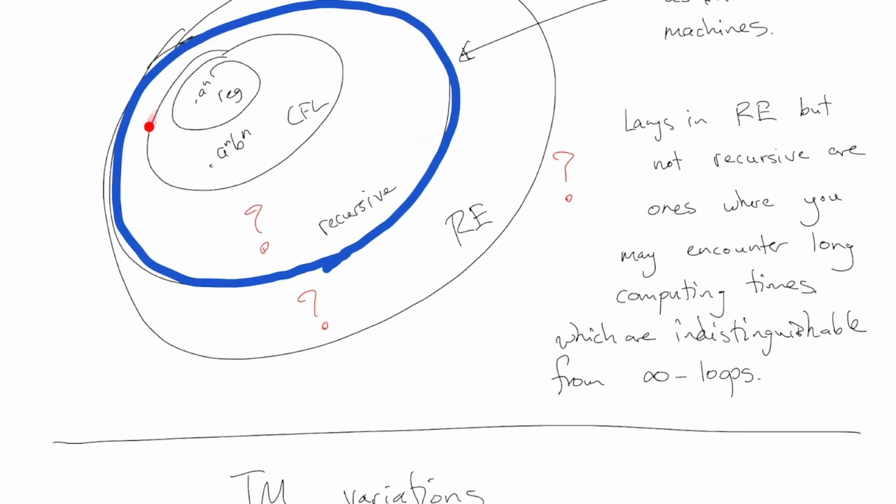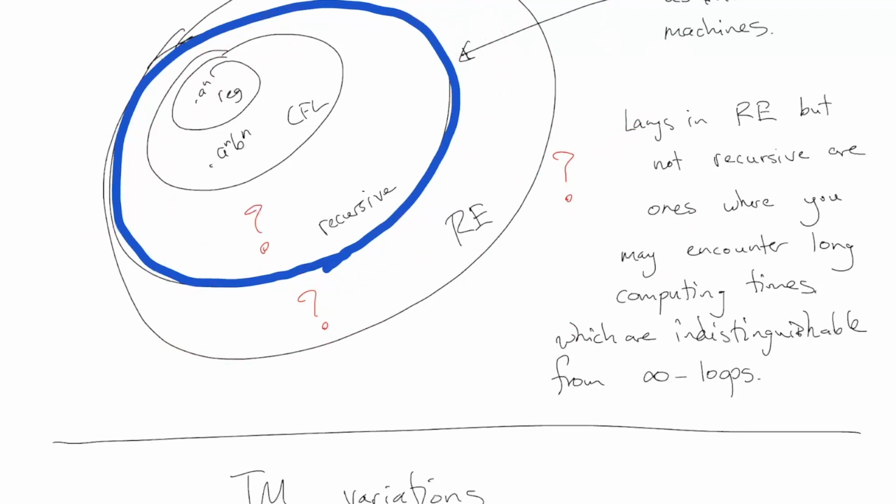The ones inside this blue circle are the domain of the Turing machines, and also this RE. Really, the question I'm asking could also be phrased as: can you make some other kind of machine that goes even beyond this circle? Anything you can think of to change the machine, it's still going to stay within this domain.